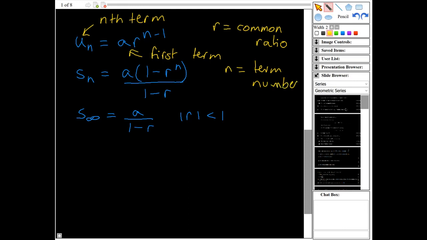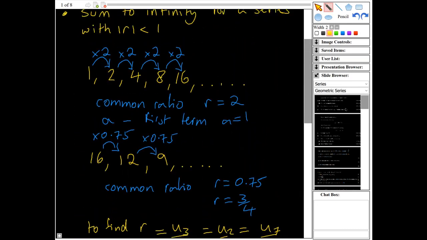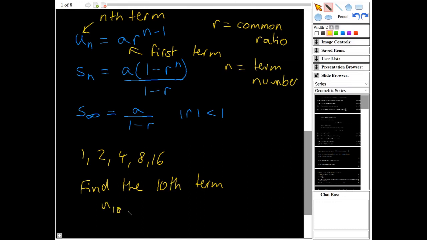So if I went back to my original sequence where it was 1, 2, 4, 8, 16. So let me just write that out again. So 1, 2, 4, 8, 16. If I want to find the 10th term, then what I would do is I would do u10 is equal to, and then the first term, which was 1, multiplied by the common ratio, which was 2, and then to the power of 10 take away 1.